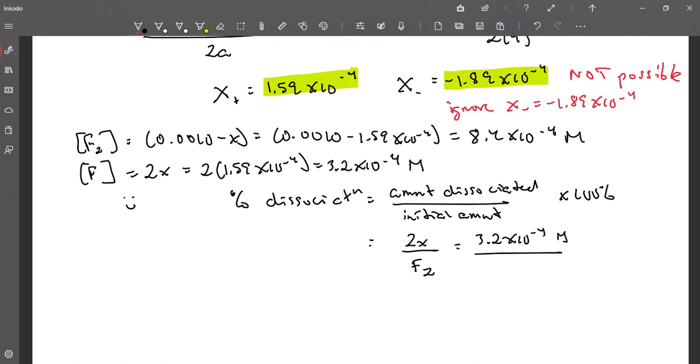And how much do we actually have initially? If you recall, 0.0010. We multiply that by 100 and we get approximately 31.8%, which is what I calculated. So that's the amount dissociated, there you go. Be sure to choose the correct value here.